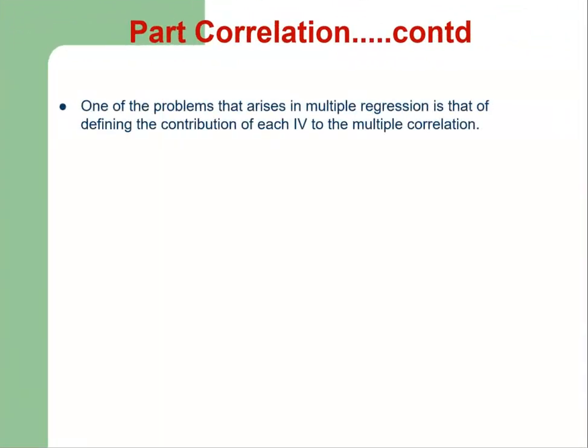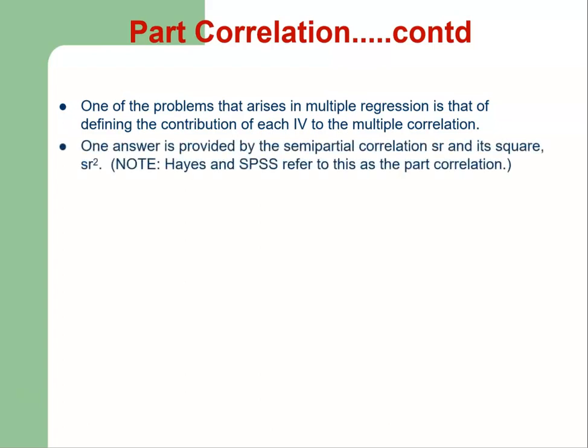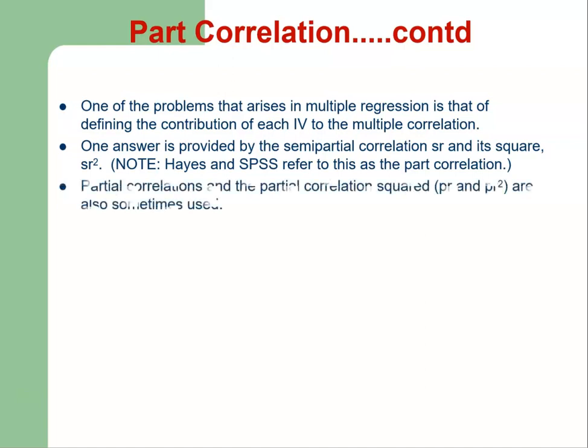One of the problems that arises in multiple regression is that of defining the contribution of each independent variable to multiple correlation. One answer is provided by the semi-partial correlation SR. SR stands for semi-partial correlation, and its square, SR square. In SPSS, this is referred to as the part correlation.